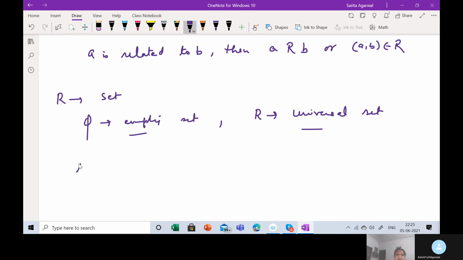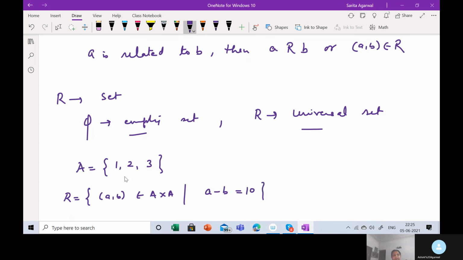We take A, the set consisting of the numbers just 1, 2, 3. Right? These are the three numbers. And then we take a relation, that is A and B are chosen from A such that the difference between them is 10.